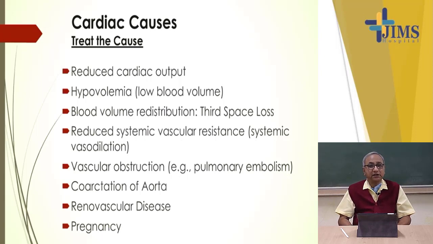Renovascular diseases, the renal vessels and the kidney, they regulate the hemodynamics of the body also. So, in renovascular diseases, this is lost. And pregnancy, of course, is a physiological process where there can be hypotension because of redistribution of blood and because of the gravid uterus.